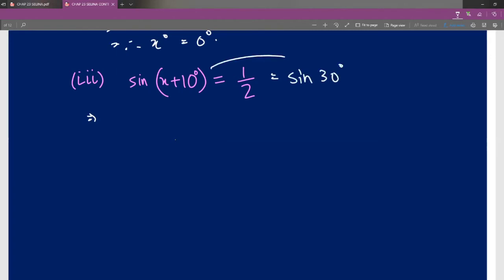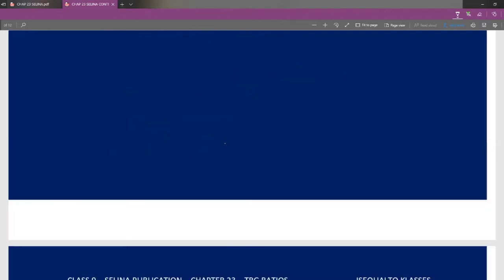So therefore x plus 10 is equal to 30 degree. Therefore x is equal to, plus 10 goes to the RHS and becomes minus 10, so therefore 30 minus 10 is equal to 20 degree. So therefore x degree is equal to 20 degree. Moving on to our fourth subpart.